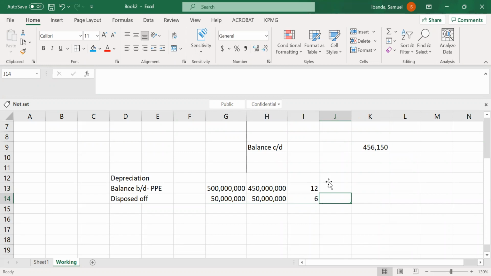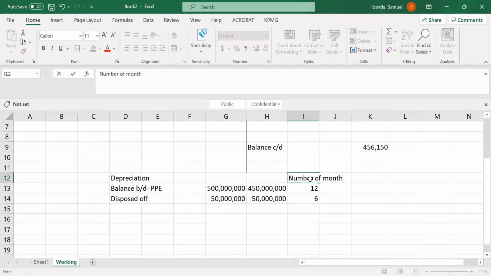So if my rate of depreciation is 20%, because they have given 20%, let's say this is number of months. This is the cost. Depreciation rate. This is 20%.